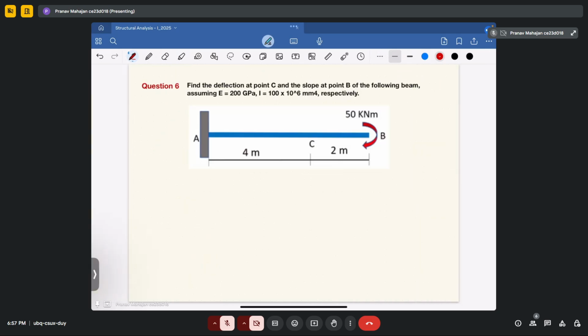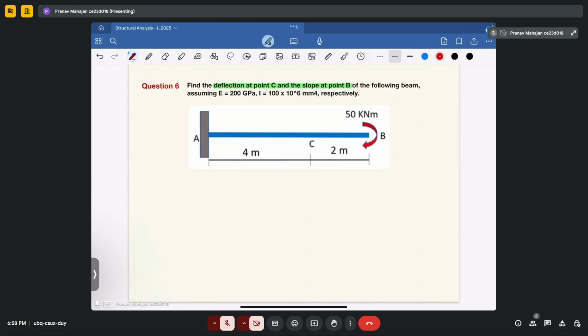So your next problem is that you have a cantilever beam which is subjected to a moment at the free end in the clockwise direction. In this case, you have to determine the slope at point B and the deflection at point C. Okay, so let's start with finding the deflection.